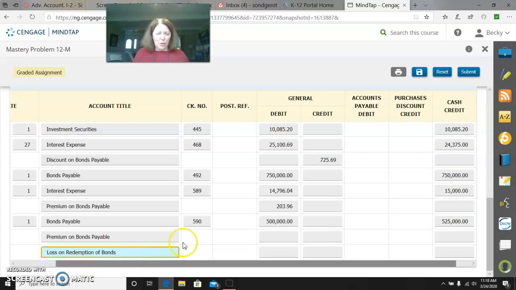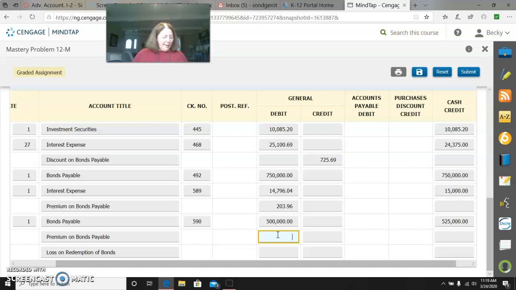So first, let's talk about the premium on bonds payable. What I know I'm doing here is I'm saying that this bond issue had an account balance in the premium account, and since the bonds have now been called, we need to get rid of that premium and basically zero it out. So the amount that was in that premium account is the carrying value minus the face value.